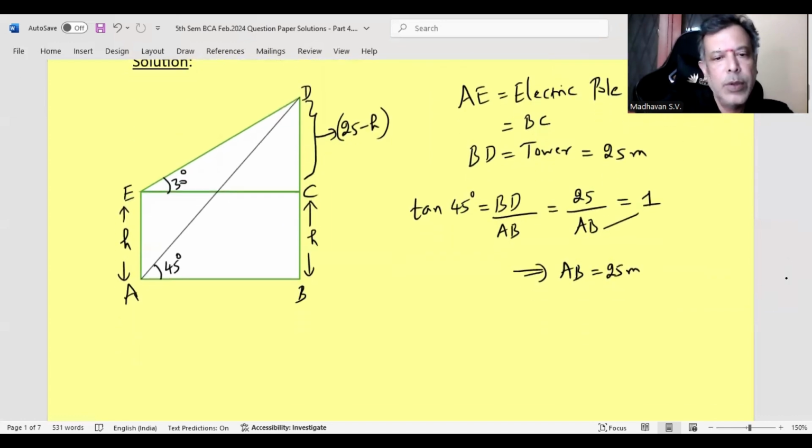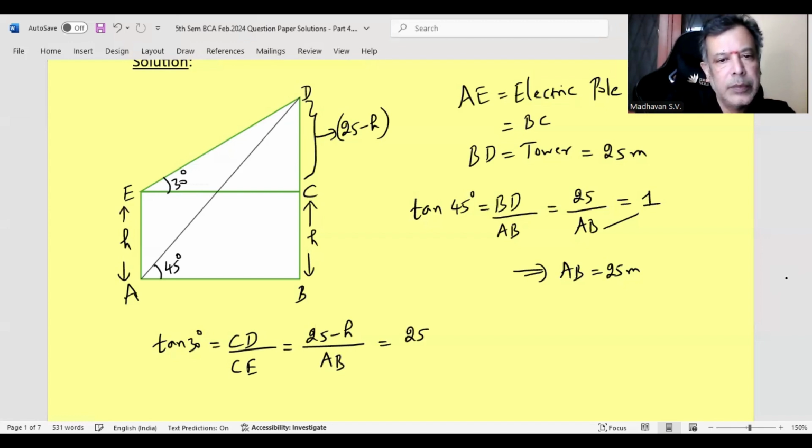Now let us go to tan 30, which is opposite, CD, by adjacent, CE. CD we know is 25 minus h. CE is the same as AB, so it is 25 minus h by 25.